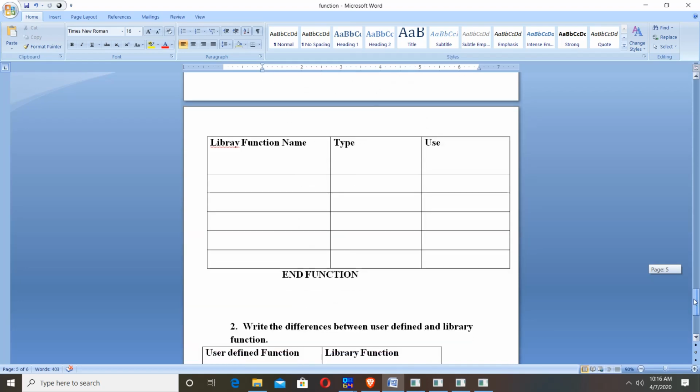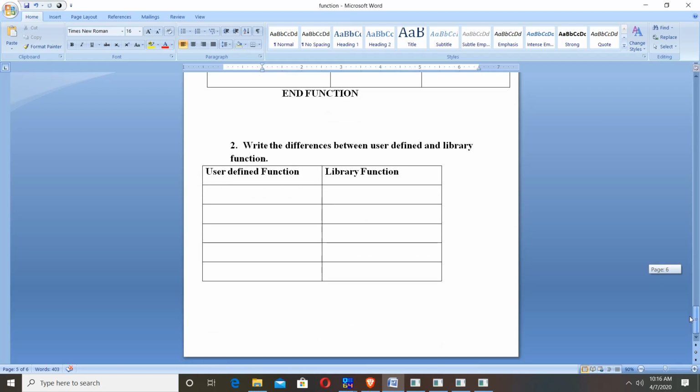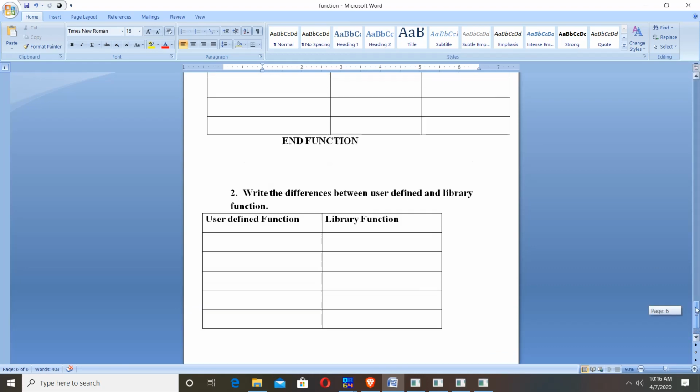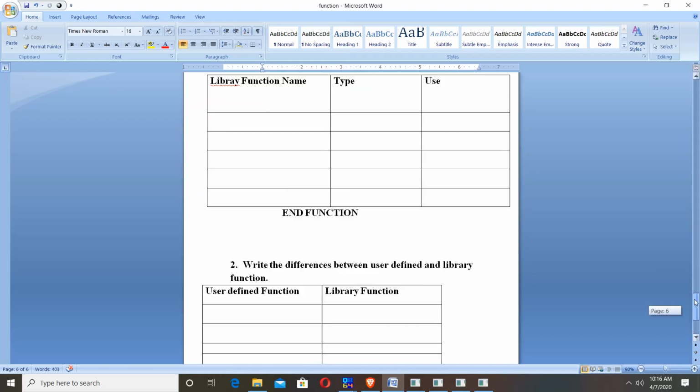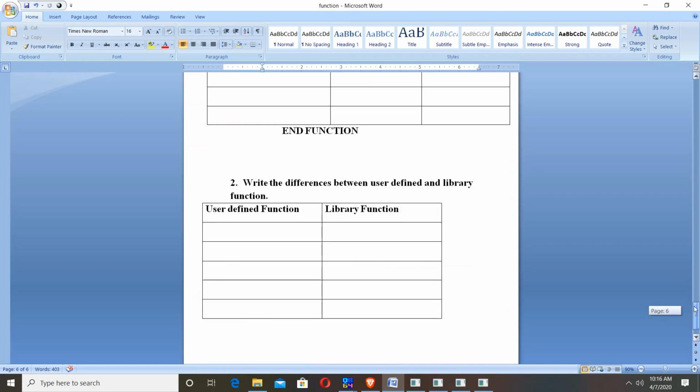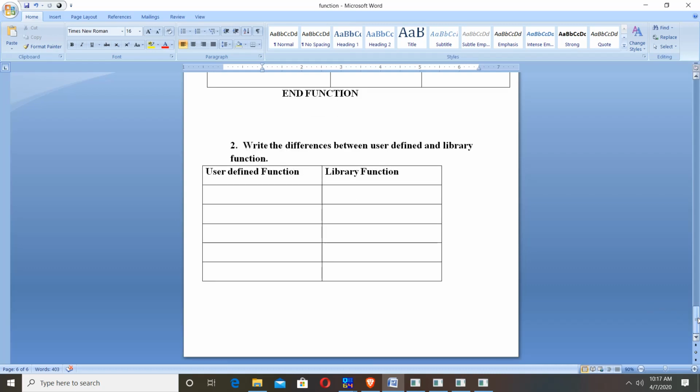Similarly, the next one is write the differences between user defined and library function. You have to what? Find the differences between user defined function and library function. Whatever points we discussed here, from that area you have to write the differences between what? User defined function and what?